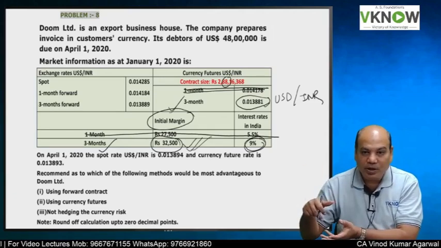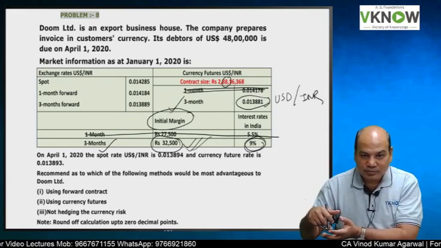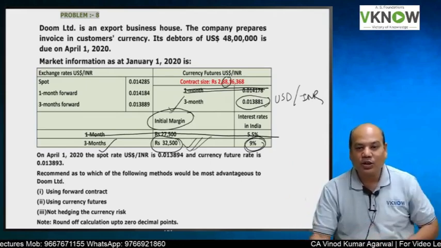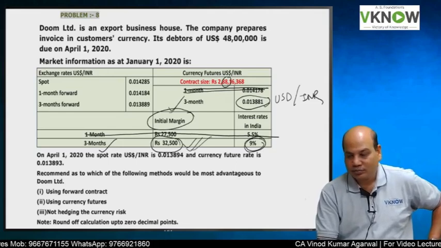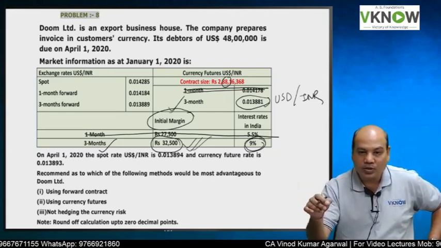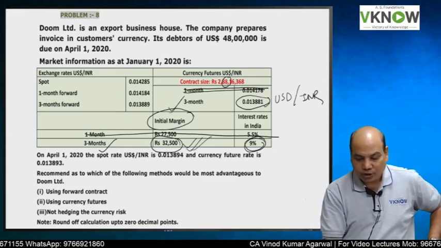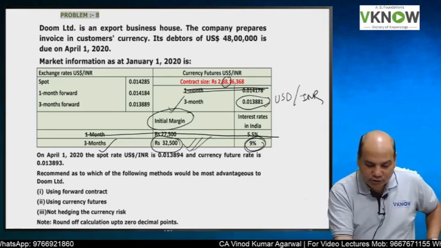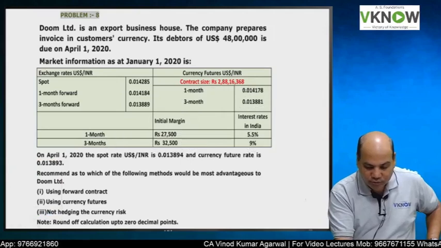Initial margin will be paid today, so the interest loss on that is also a cost under future contract. If it is given, you have to consider it. If it was not given, then interest on future contract is ignored.